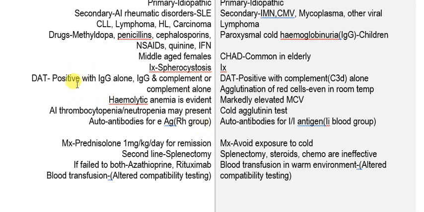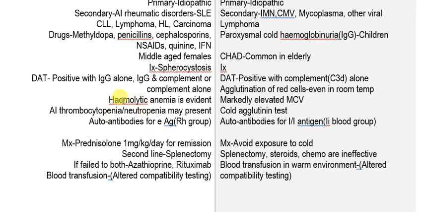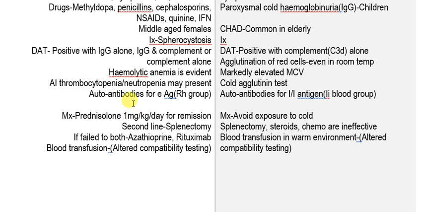So it is more or less similar to pancytopenia, right? So autoimmune hemolytic anemia can also give a similar picture as a pancytopenia patient. And autoantibodies for the E antigen are positive on investigations.